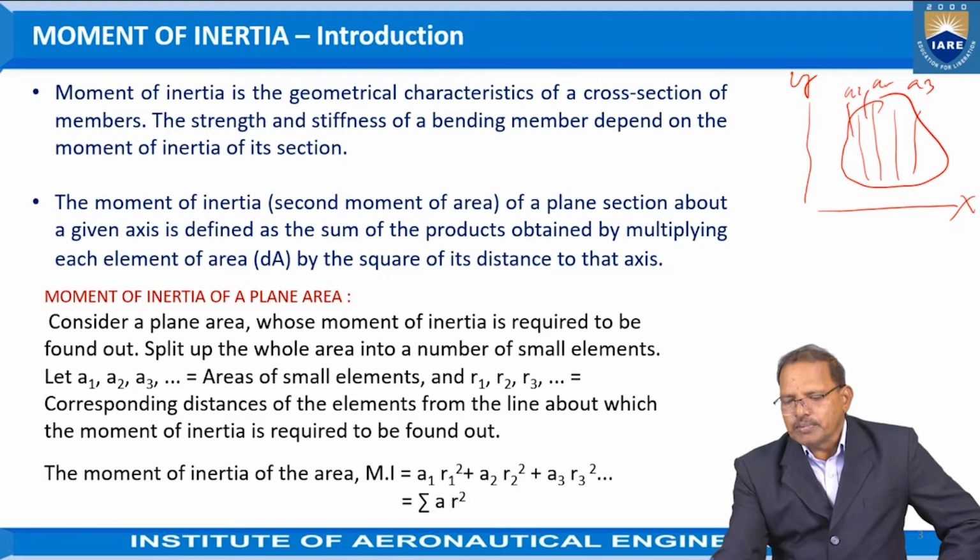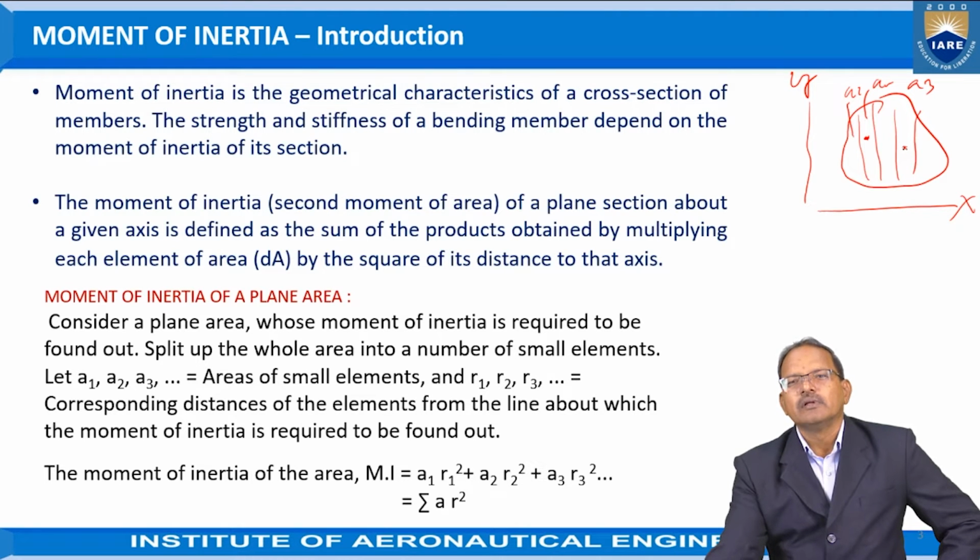Let R1 represent the position of the center of gravity of A1 with respect to the y-axis, and A2 with R2 distance with respect to the y-axis, A3 and so on.